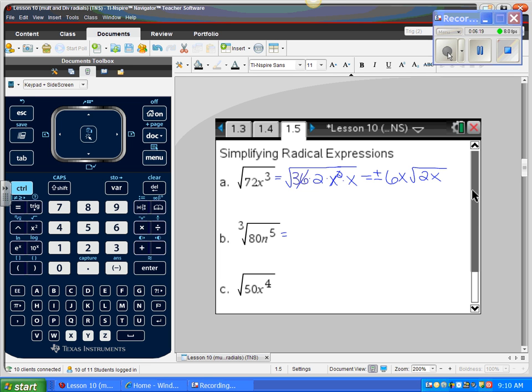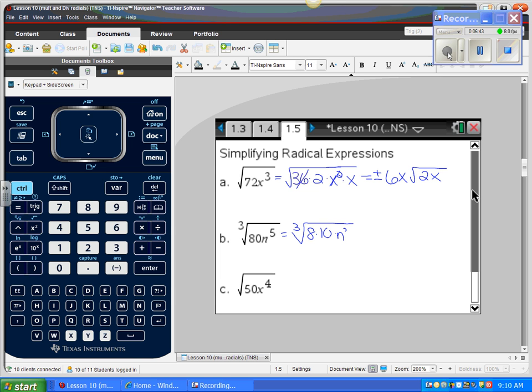Okay. Cube root of 80n to the 5th. Cube root. So we got to think about perfect cubes. What are my perfect cubes? 1, 8, 27, 64, 125. Okay, good enough. All right, so how are we going to break apart that 80? Good, 8 and 10. N to the 5th. Remember, index has to divide into power. How are we going to break it up?